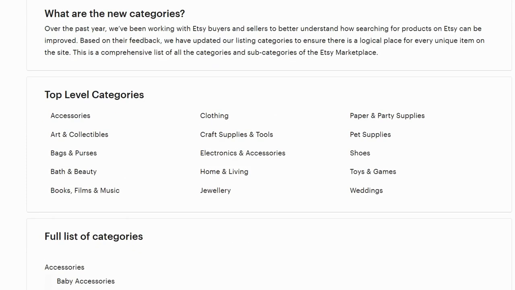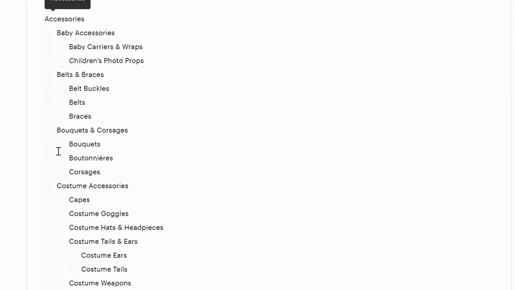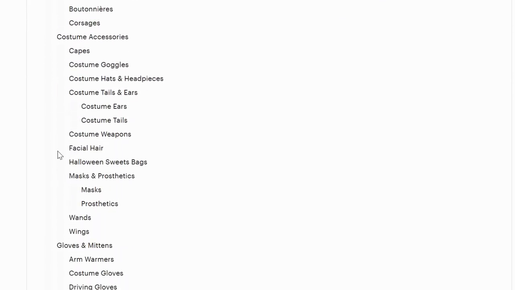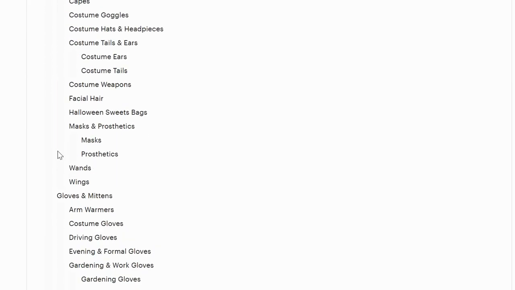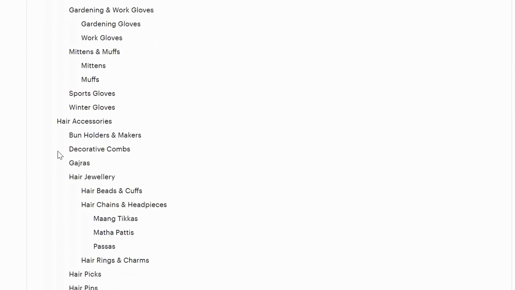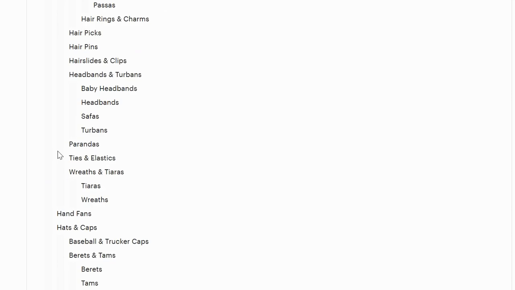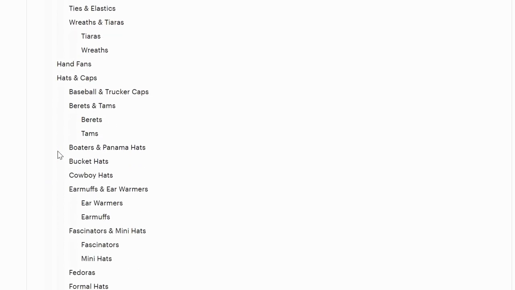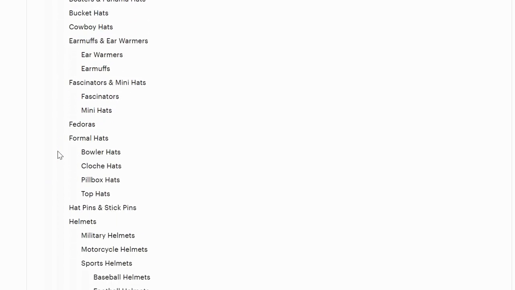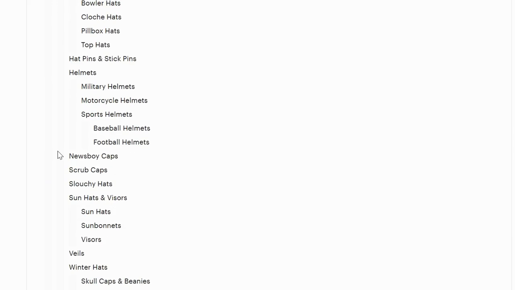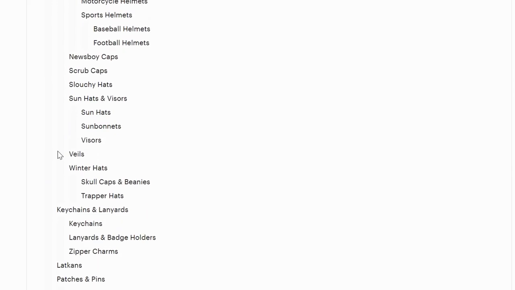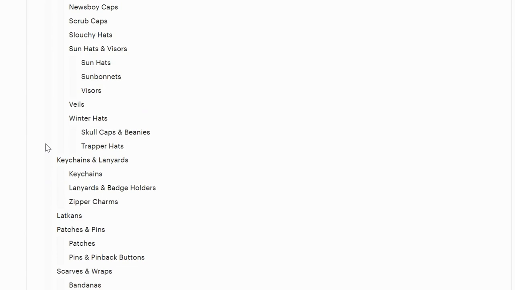Basically, this page has all the top level categories and then the full list of categories, every single category and subcategory, micro categories that you can find within Etsy. And this is going to be a really great starting point. It has physical product categories as well as the digital product categories. So even if you don't sell digital products, it's going to have everything you need if you are a physical product seller as well.